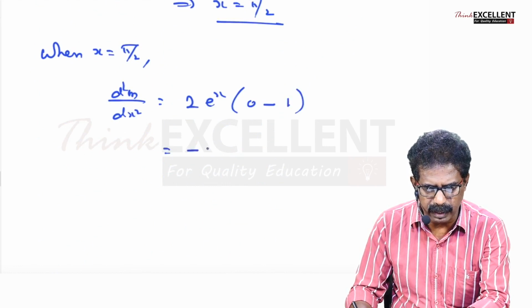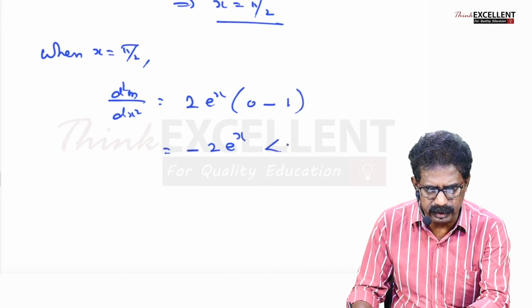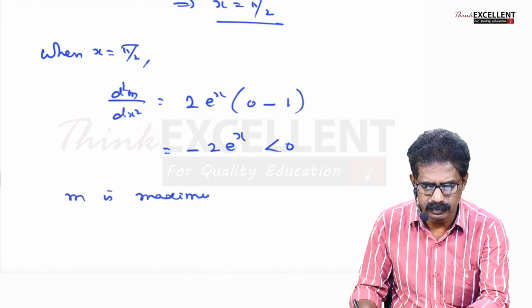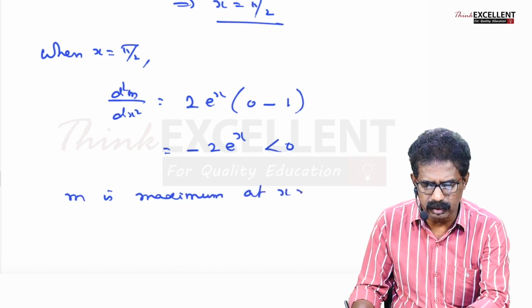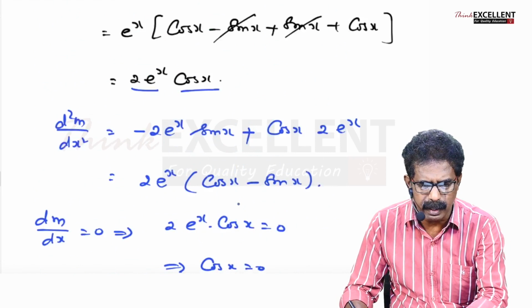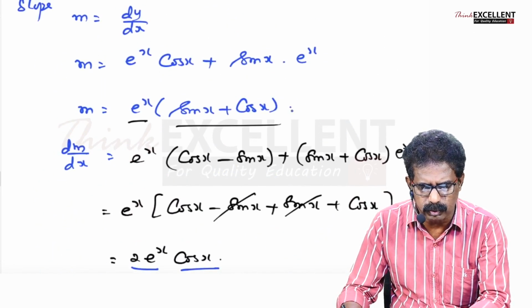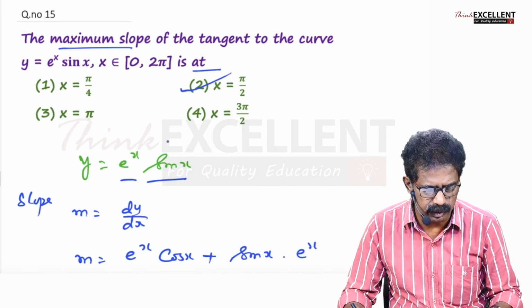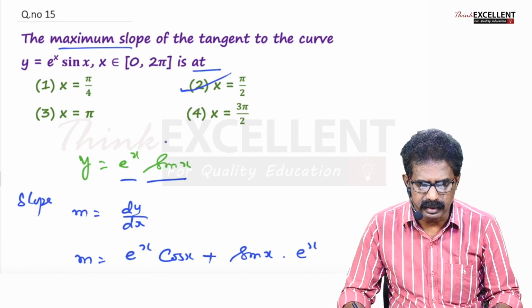So you are getting minus 2 e raised to x, negative. So therefore slope m is maximum at x equal to pi by 2. If you want to know the maximum slope, you substitute that pi by 2 in this one, right? It's an objective question, but I hope you understood everything. Okay, so the correct answer is the second option.